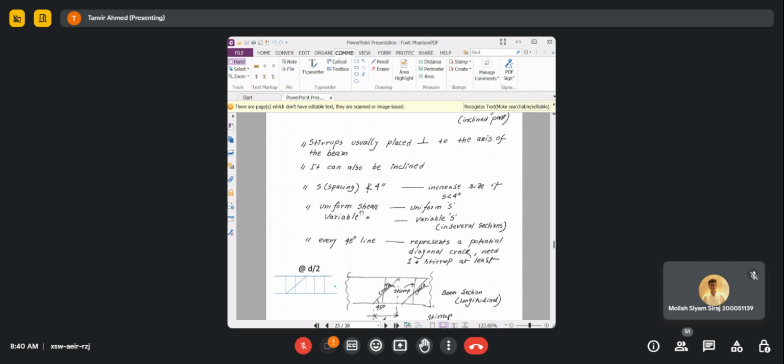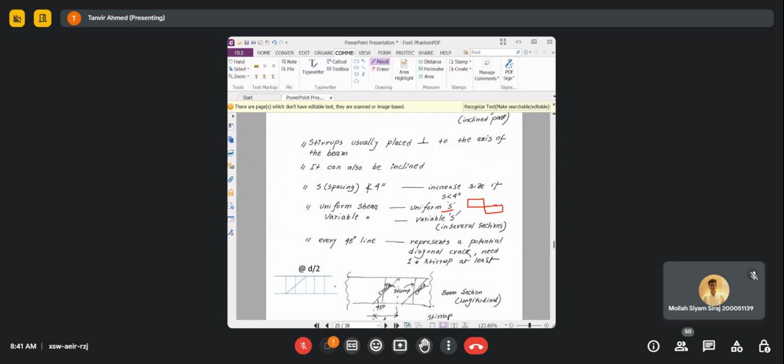Uniform shear. If the shear force in the shear force diagram is uniform, say for example if your shear force diagram is like this, then obviously the shear force is uniform. Then you can provide a uniform spacing.